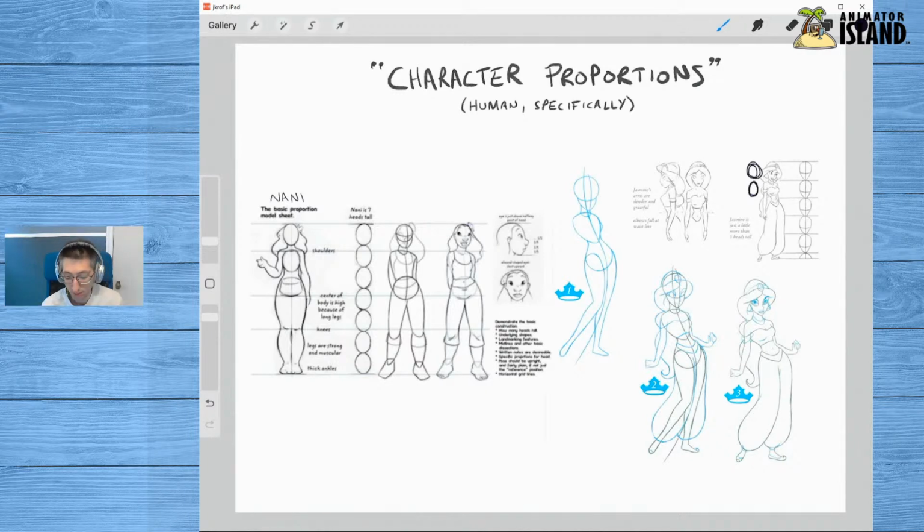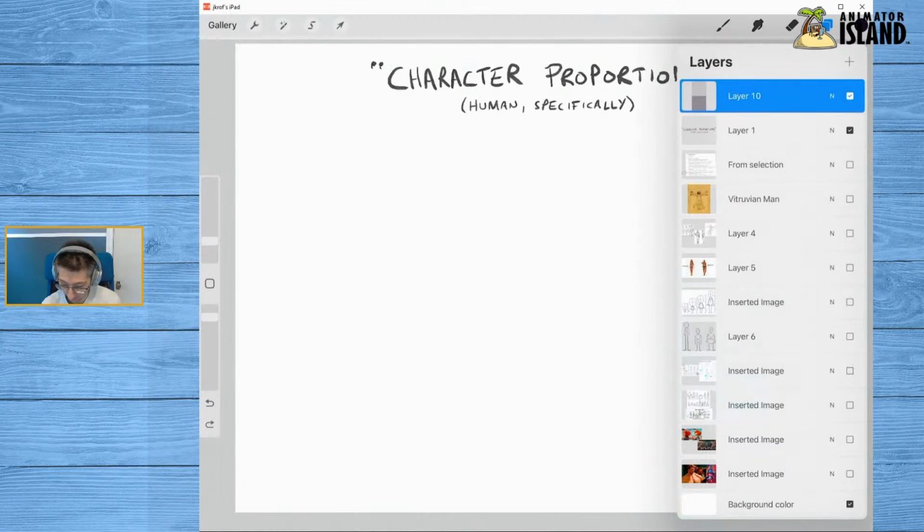Their torsos are here, their pelvis is here, and then they have typically pretty long legs. Their proportions are actually very similar, but you can see these characters are very different. Part of that is body type, and part of that is just style choices. But proportionally, they have pretty similar skeletal structures. So I thought that was rather interesting.